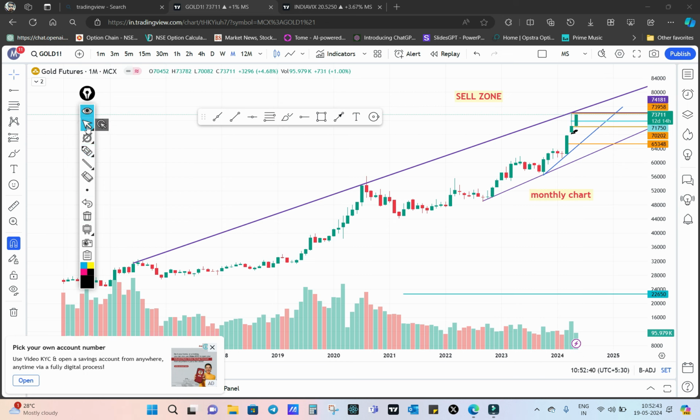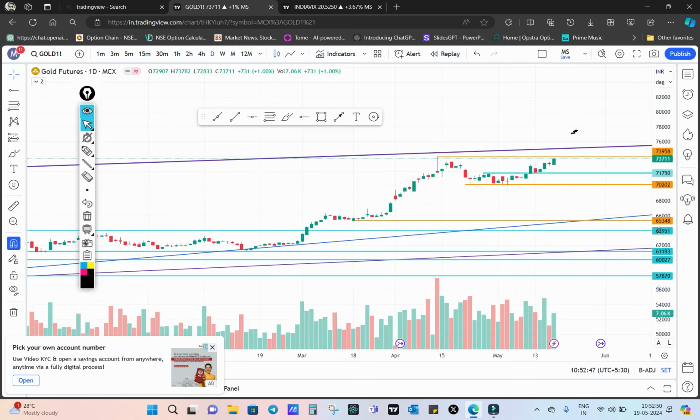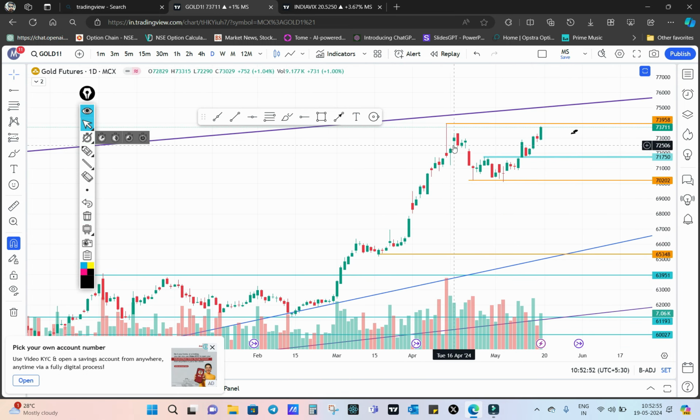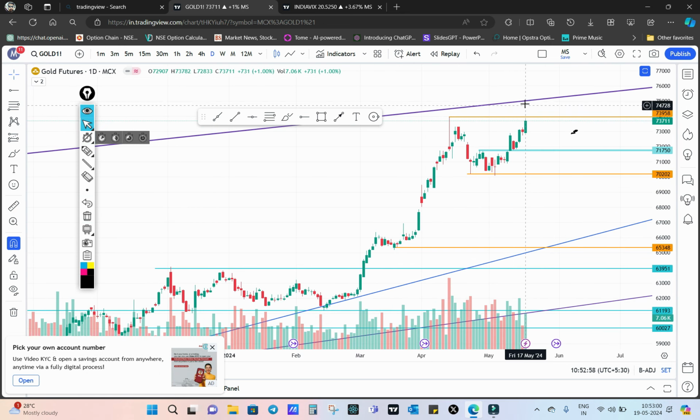For that we will look into the weekly chart or daily chart. And in the last video you can check that gold can make a double top here, and all this I have already told. So if gold is going like that, it can touch 75k also. It has taken support at 70k, then support at 71,750.